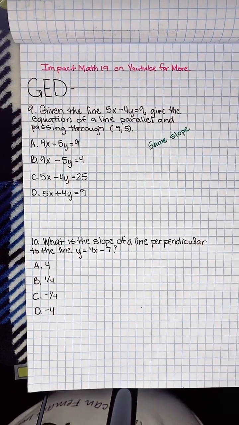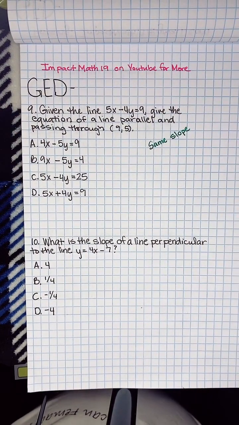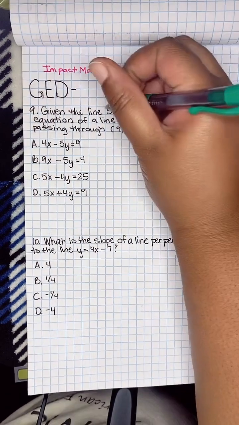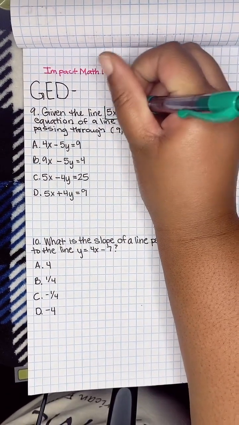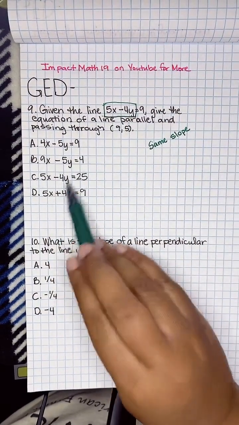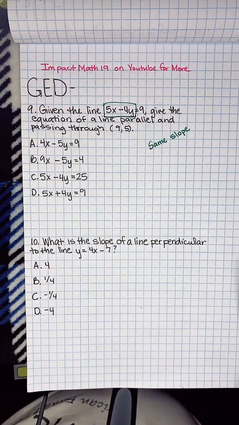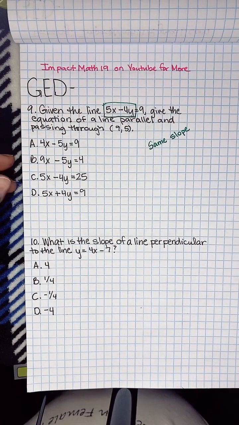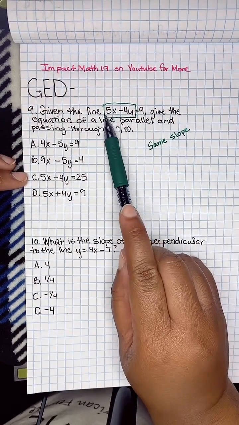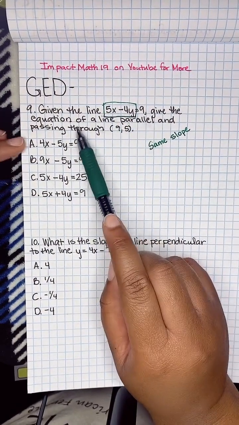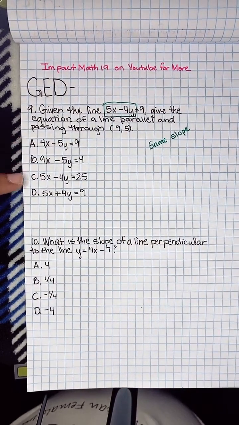So if we're looking for the same slope, you guys, without doing any math, I'm looking for this to match in these equations. And does anybody see which one, this box right here, does anybody see a matching one with A, B, C, or D?